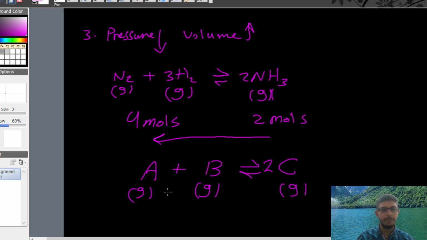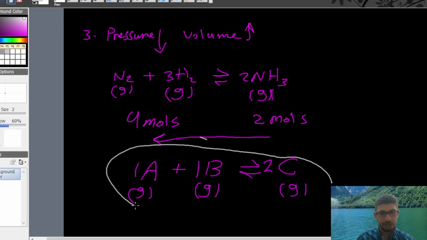Just remember that, okay? So you have here 1 mole, here 1 mole, and here 2 moles of C. What is the effect of increasing the pressure on this reaction vessel? Nothing happens, guys.